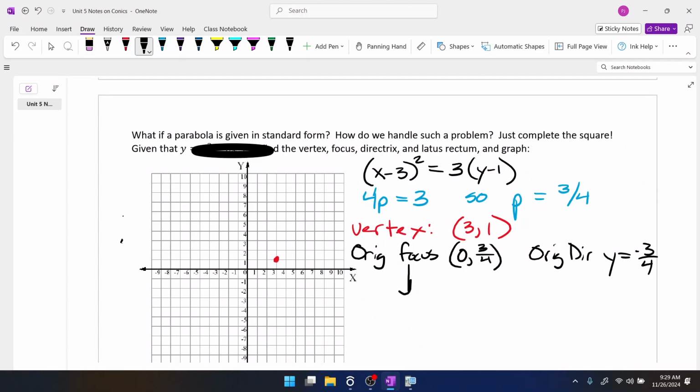So the new focus is going to be at 3, and 3/4 plus 1 is 1.75. And -3/4 plus 1 is what? +1/4.